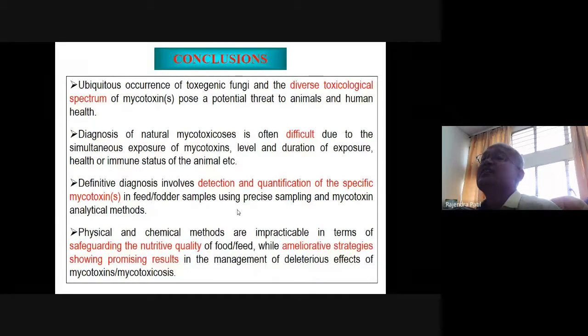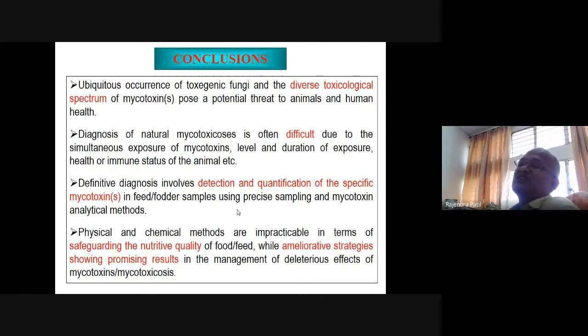For definitive diagnosis, we have to go for the detection and quantification of the specific mycotoxins in the contaminated feed and water samples, and for that we have to use precise sampling techniques and appropriate mycotoxin analytical methods. Nowadays there are a number of emerging methods, but we need to validate them, although novel techniques are becoming available in the market day by day.